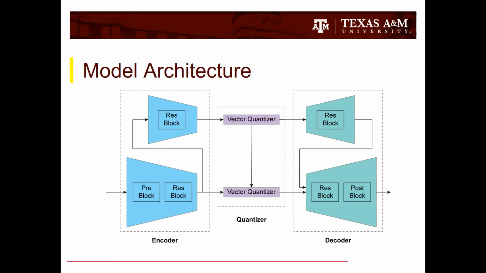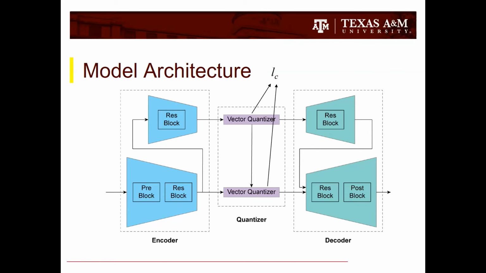In the quantizer, here we have the lossy compression, and with this quantizer, we can use entropy coding to further compress the data down to a fraction of the original data. And whenever we want to decompress the data, we use the decoder to decompress the data into the reconstructed data.